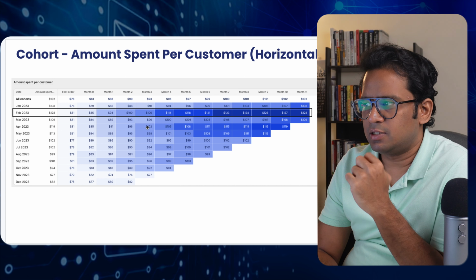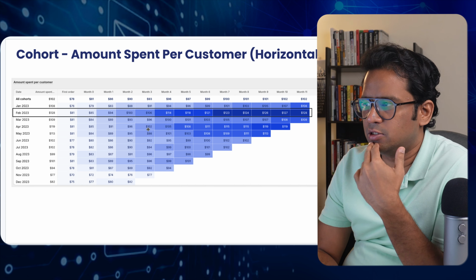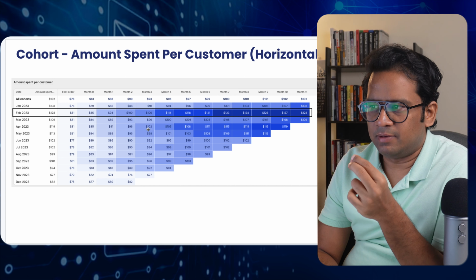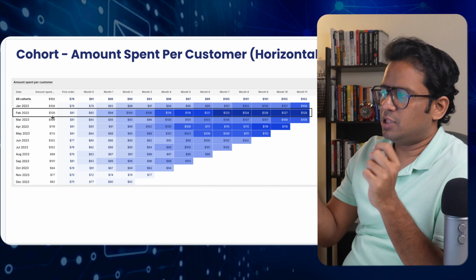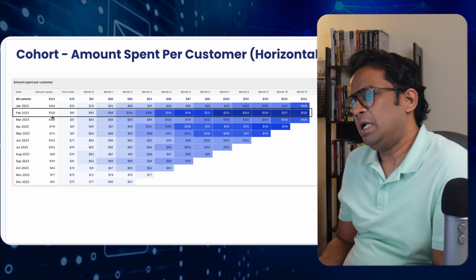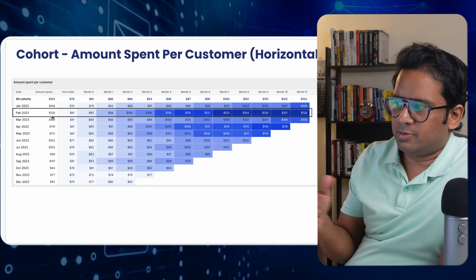This audience is performing consistently, or at least better than the March audience, the one you acquired in March. So this is a month by month comparison. It helps you get a picture of when the customer is buying more.